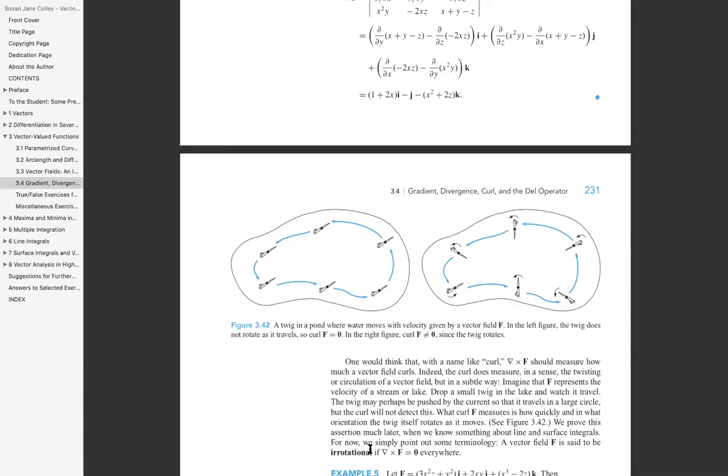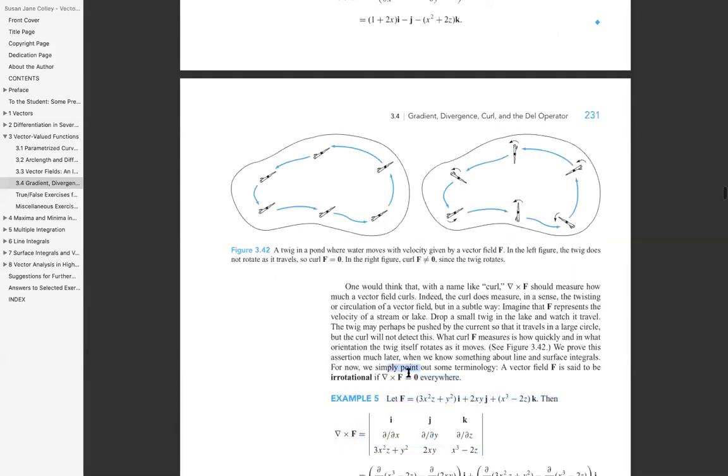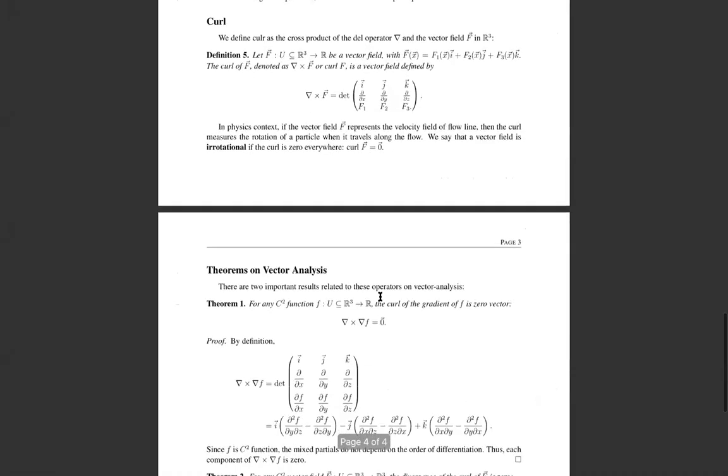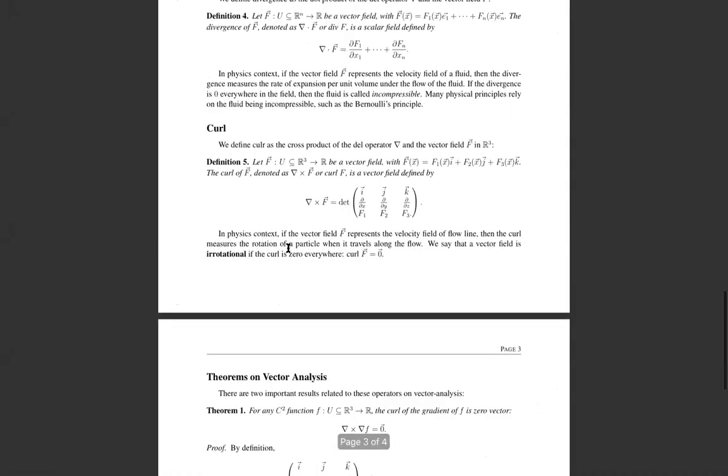So we call the field irrotational if the curl is zero everywhere. It doesn't change the orientation, or it doesn't have any rotation along the vector field.